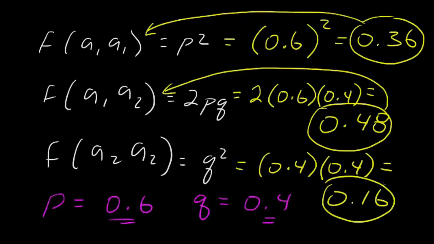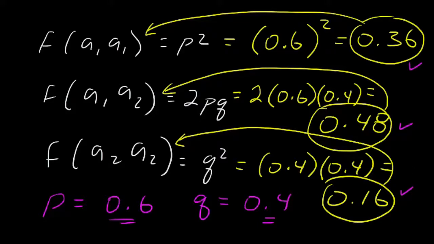So we would expect 16% of our population to be carrying the A2A2 genotype. All of these three should, of course, add to 1: 0.36, 0.48, and 0.16, which, if I've done the math correctly, does in fact occur.